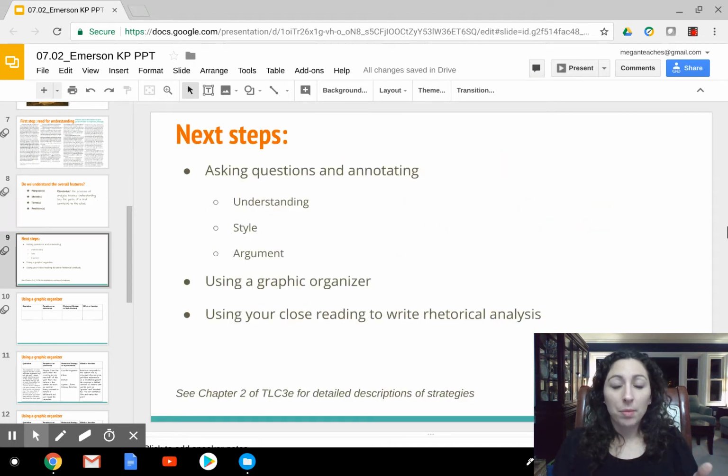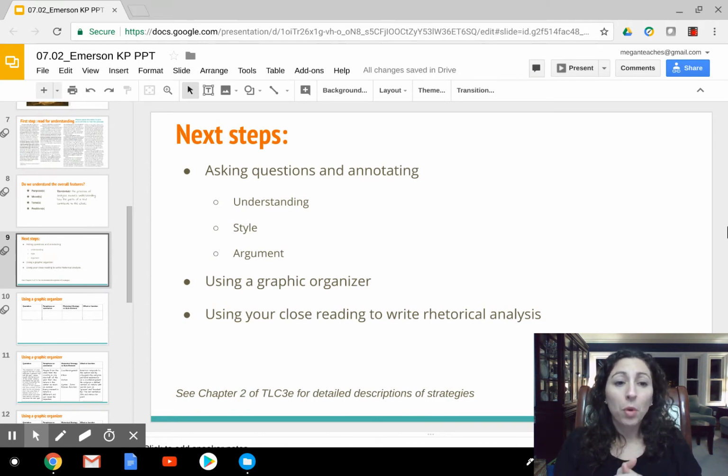Our next step would be to go back, and if we haven't already annotated for understanding, we can do that. Maybe a second reading would be helpful with a piece like this, as dense as this one is. And then certainly to go back and look at those elements of style, look at those elements of argument, and then we can use our graphic organizer to collect our thoughts, which would then be a tool we can use to write our rhetorical analysis.